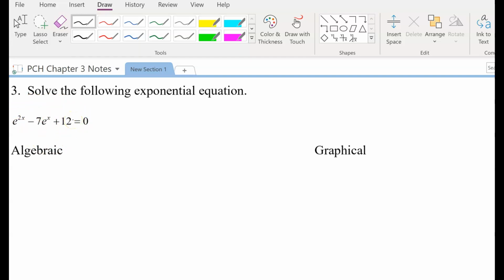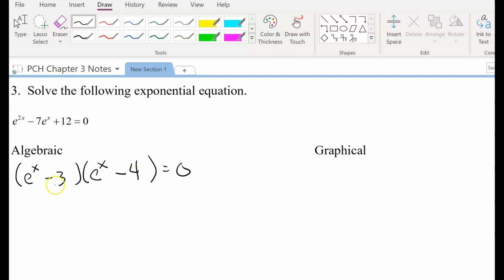So if we were to factor this, we would get e to the x as our first terms in each. Now we're looking for numbers that multiply to 12 but add to negative 7, so that's going to be negative 3 and negative 4.